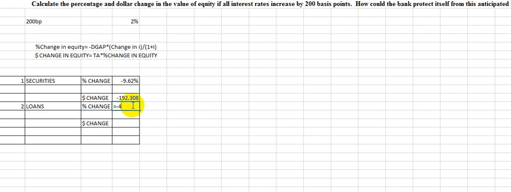So minus 4 times 2%, which is the change in interest, divided by 1 plus the initial interest for loans, which is 8%. So the percentage change in loans will be negative 7.41%.